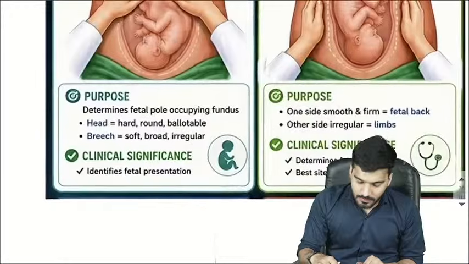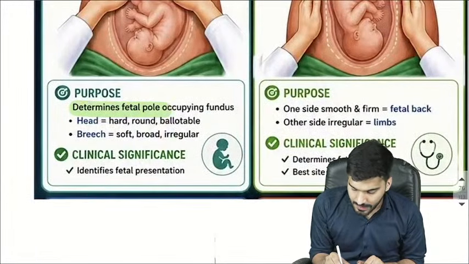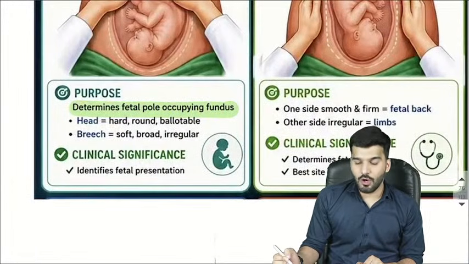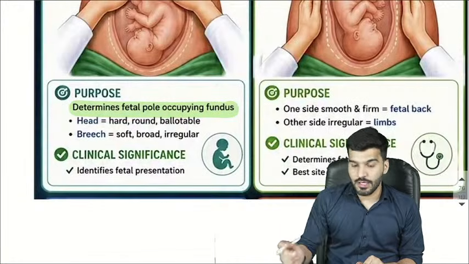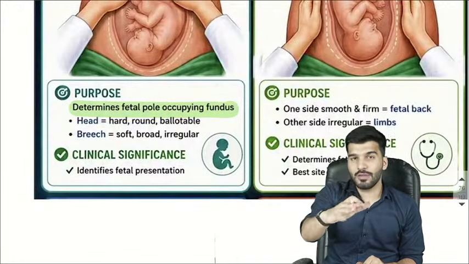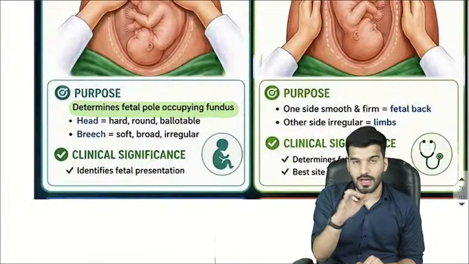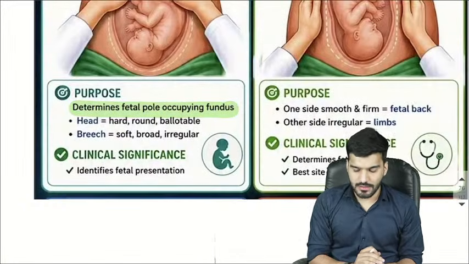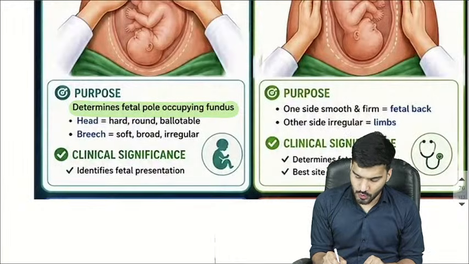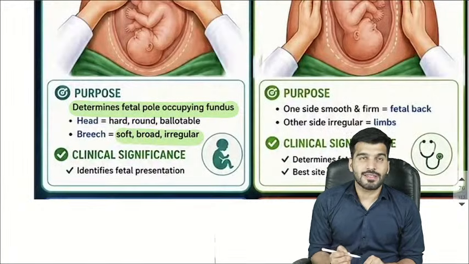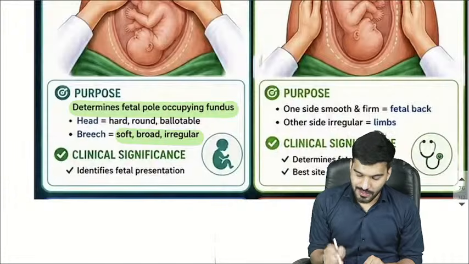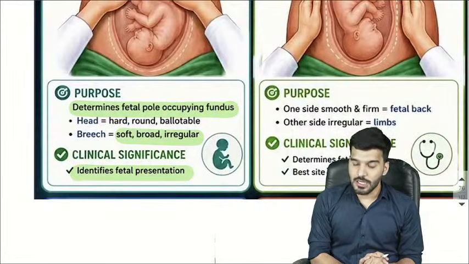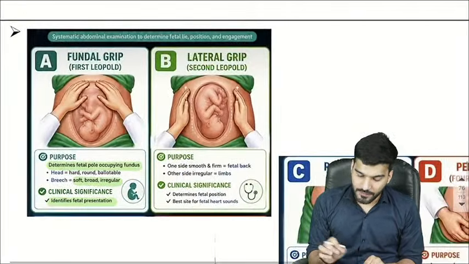The purpose of the fundal grip is that it determines the fetal pole occupying the fundus. If the head is there, it will be hard and round. If the breech is there, when you palpate the fundus, it is soft, broad or irregular. So the significance of this first Leopold's maneuver is that it identifies the fetal presentation.